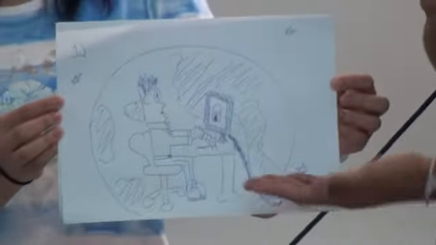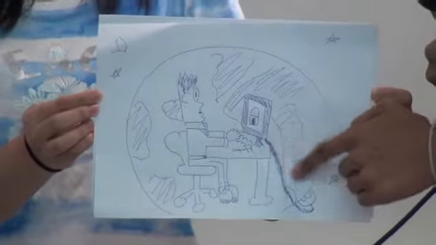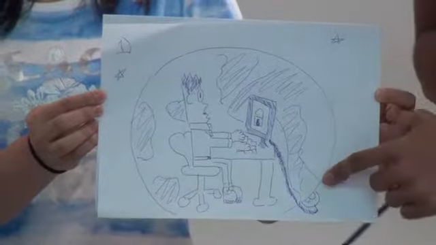Can you, my assistant, kindly show my picture? So this is my picture. You see a man there at a computer, and behind him there is a world. And you see this one little wire here which connects to the world.